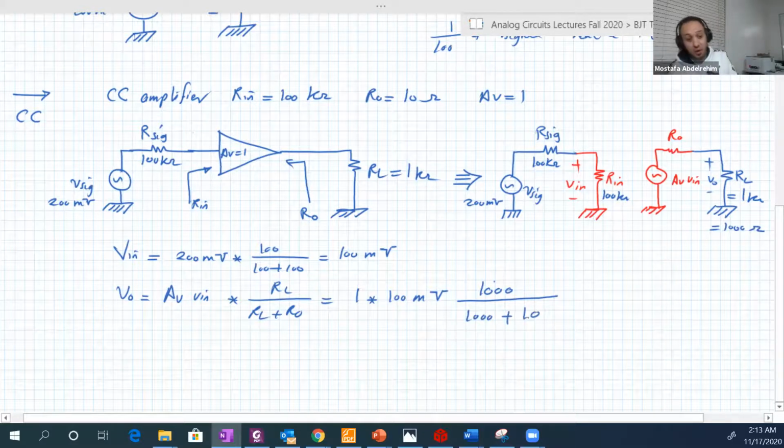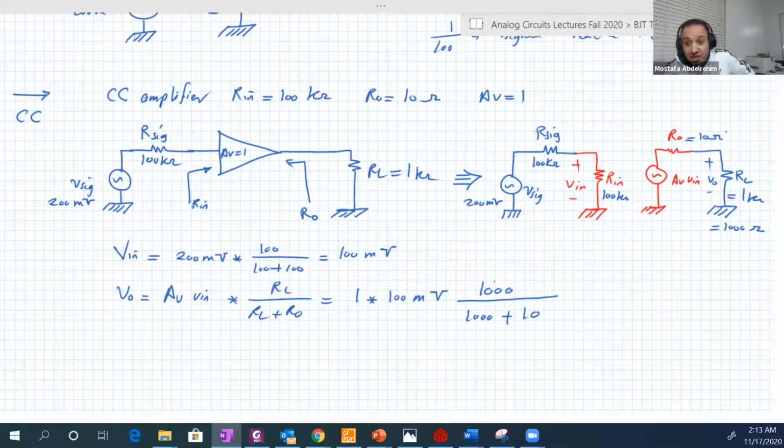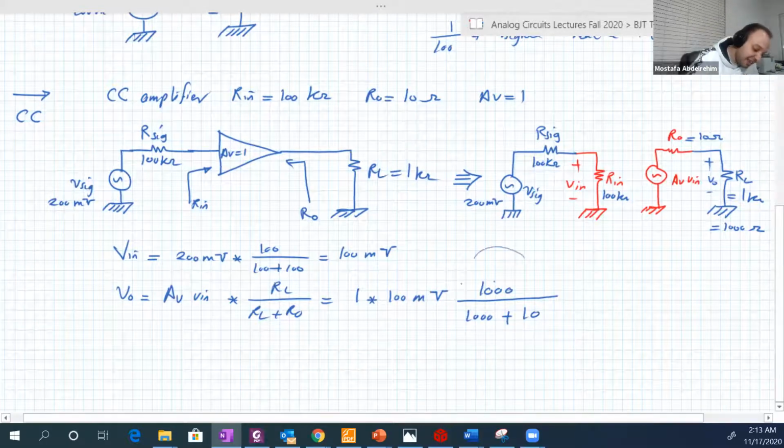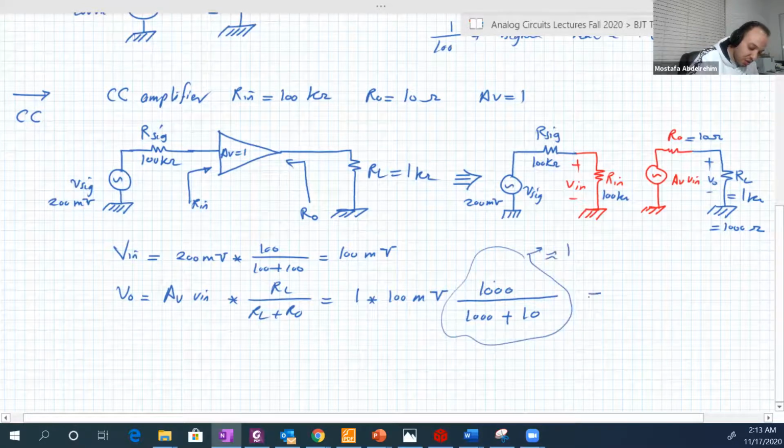RO is only 10 ohms. And what is 1000 plus 10? It's approximately 1000. So this is approximately 1. So the output is 100 millivolt.